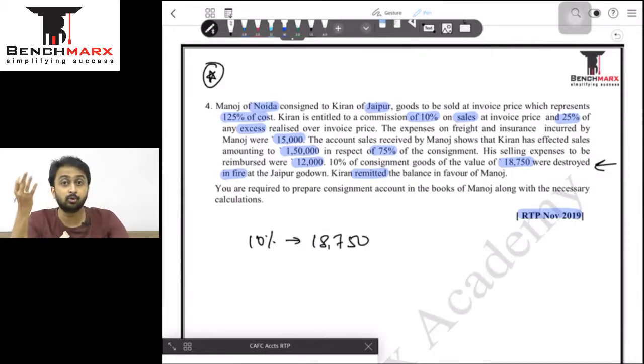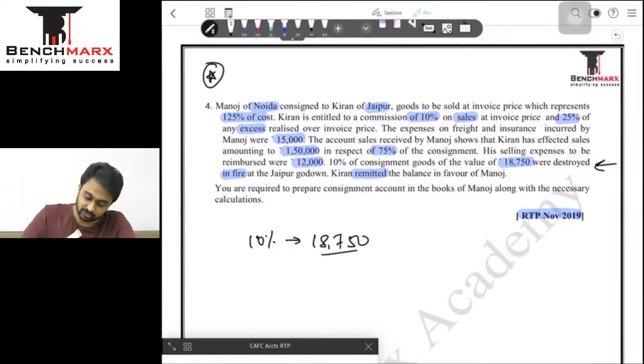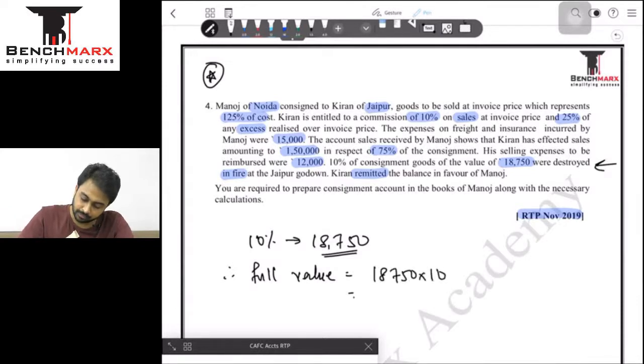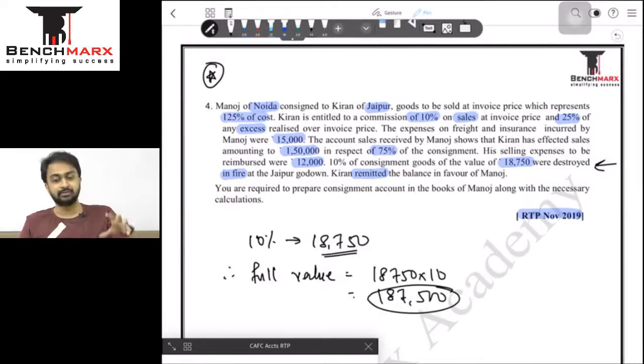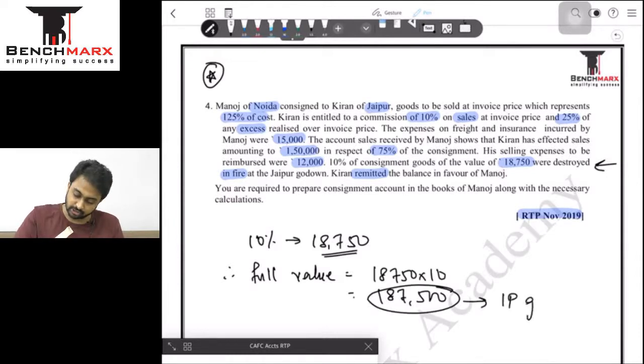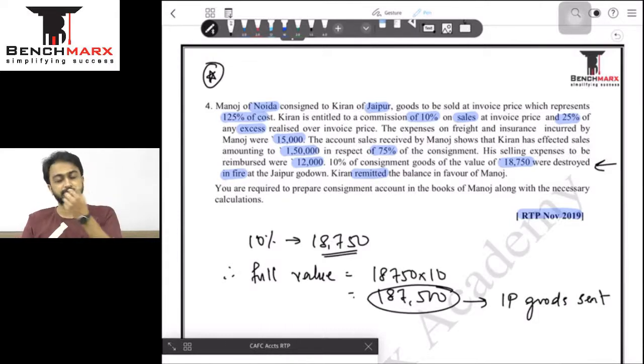That means the full value of the goods has to be 18,750 into 10, which is 187,500, because 187,500 into 10% is 18,750, and this is the invoice price of the goods sent on consignment, with which we are going to start the consignment ledger.